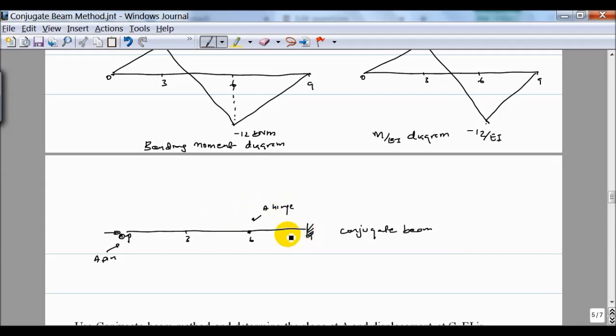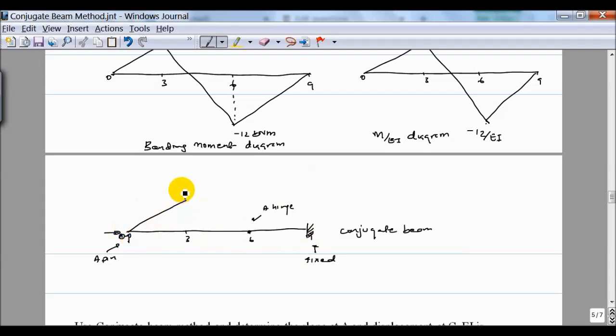So it's a beam which has a segment 0 to 6 that is a kind of simple support, and then here it's a cantilever. So there's a hinge and there's a fixed support. Now this is the beam.